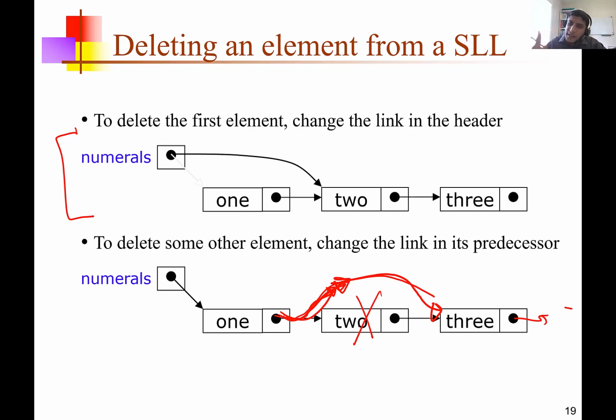There are 2 special cases you have to take care of. Let me take a question first. Don't you have to unlink the 2 to 3 before you update 1 to 3? So, Yanhao, if I update this one before linking this here, I simply am going to lose the pointer to 3, right?